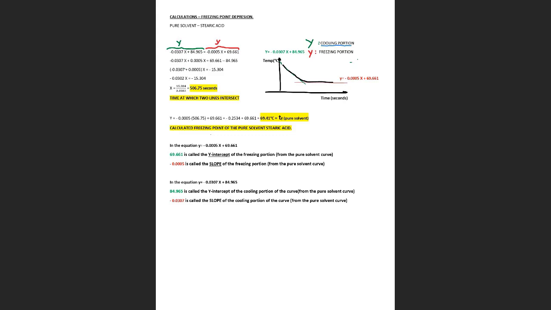And the red is the freezing point portion, the second, the one that cools down a little slower. And the cooling portion is the first part when it's still liquid and it's cooling down.